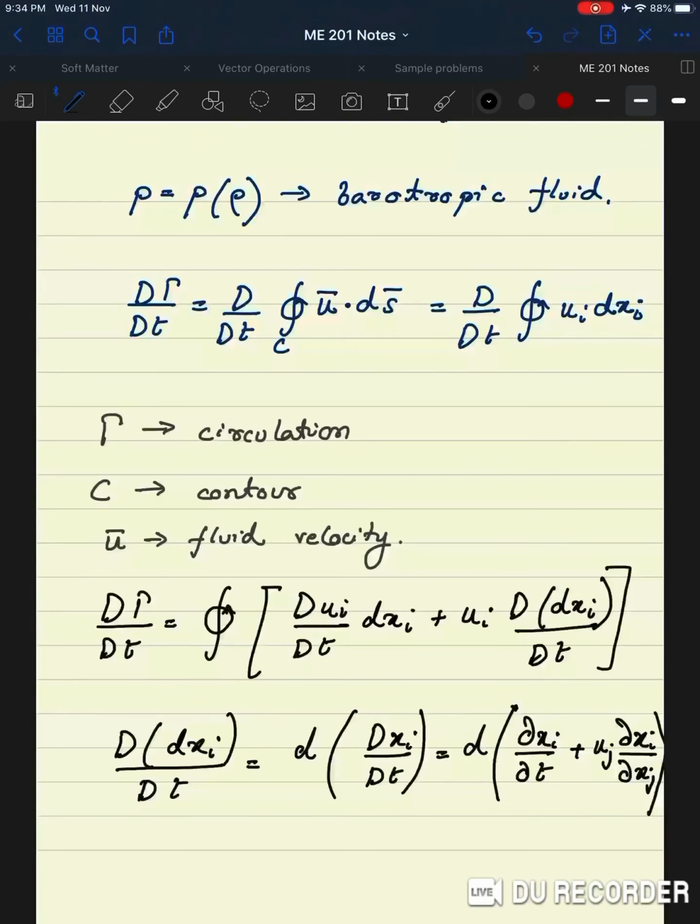Okay. Now this quantity has to be 0. This is related to the contour that you have drawn, right? So the time derivative term is gone, and this term, sorry, just a second, this term is equal to δ_ij, the Kronecker delta.